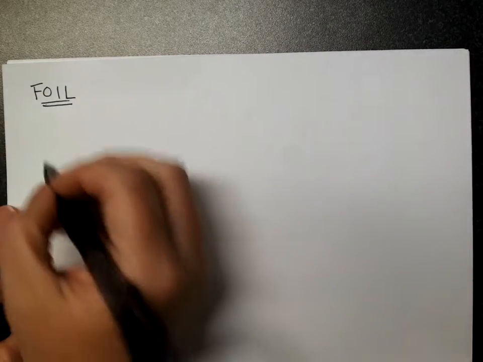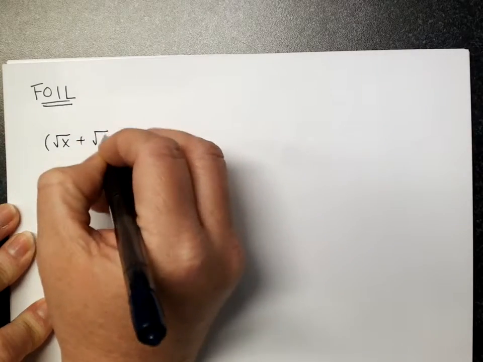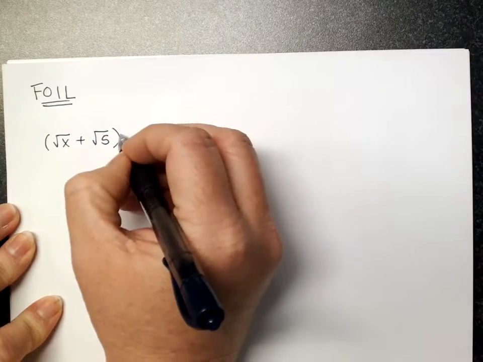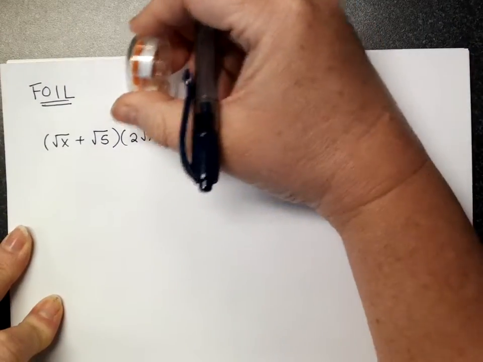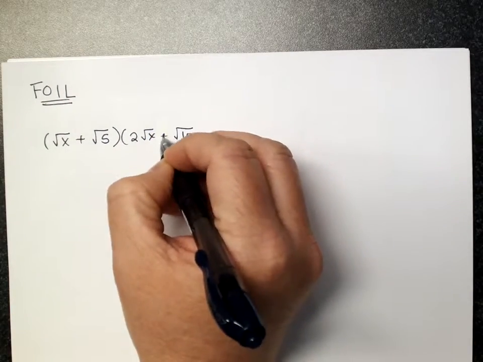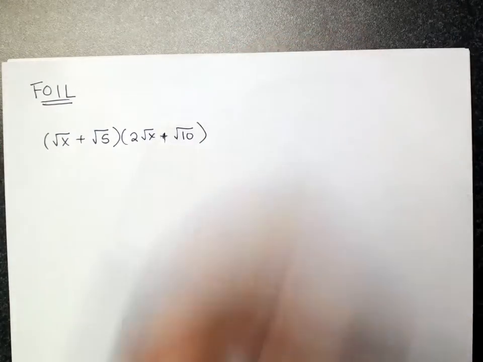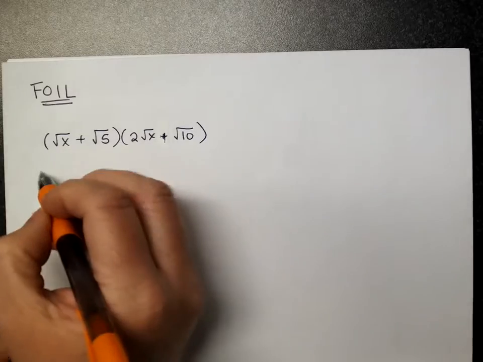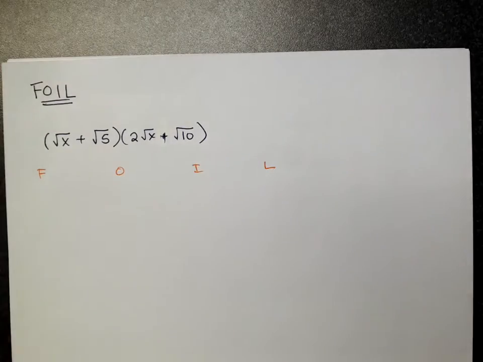So, let's do square root of x plus square root of 5 as one binomial, times 2 times the square root of x plus square root of 10. A binomial times a binomial, but it contains at least one radical sign. So I'm going to leave myself lots of room. I'm going to end up with 4 terms.